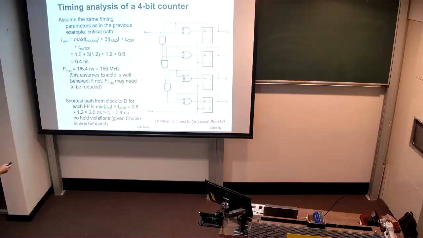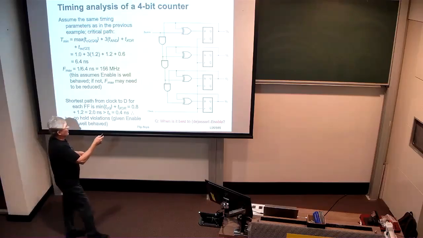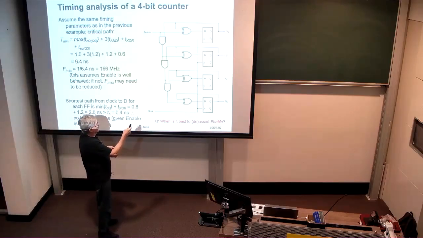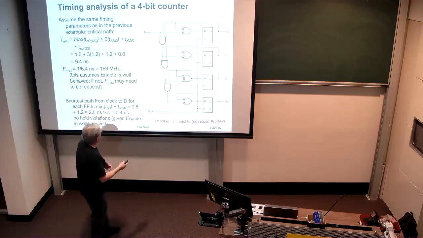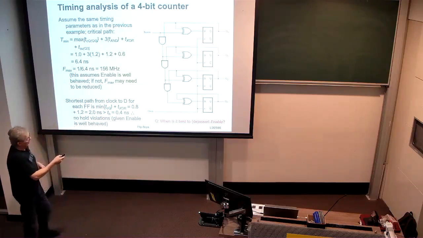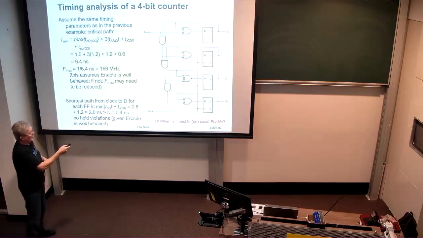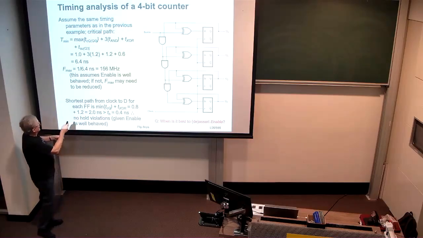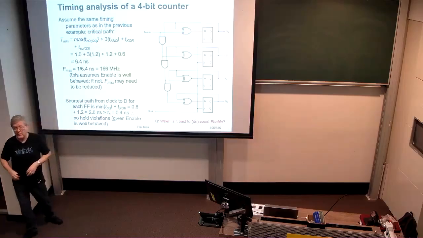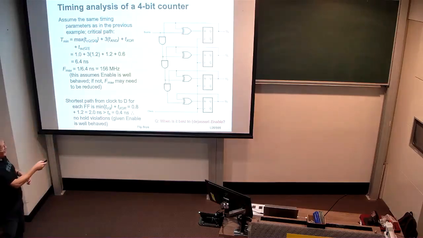So if enable changes at time 0, there's a latency of 1.2 nanoseconds before it's seen by D, and it has to be set up for 0.6 of a nanosecond, the setup time. So 1.2 plus 0.6 is 1.8 nanoseconds. Given that the clock period is 6.4 nanoseconds, that gives us plenty of time for it to be set up here.